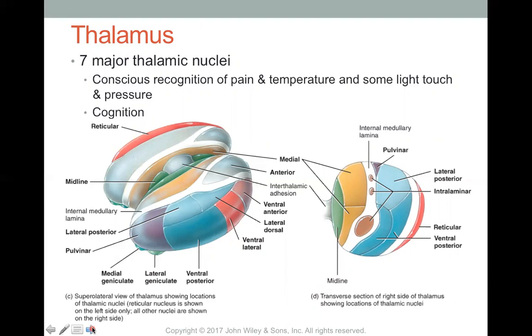And so, as we said, the thalamus has an essential role in your awareness and your acquisition of knowledge. So think about your learning process. Your thalamus is working.